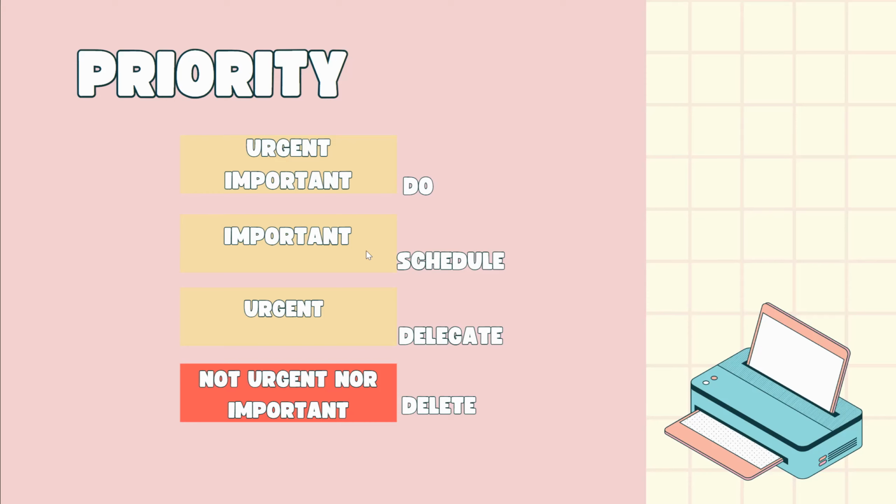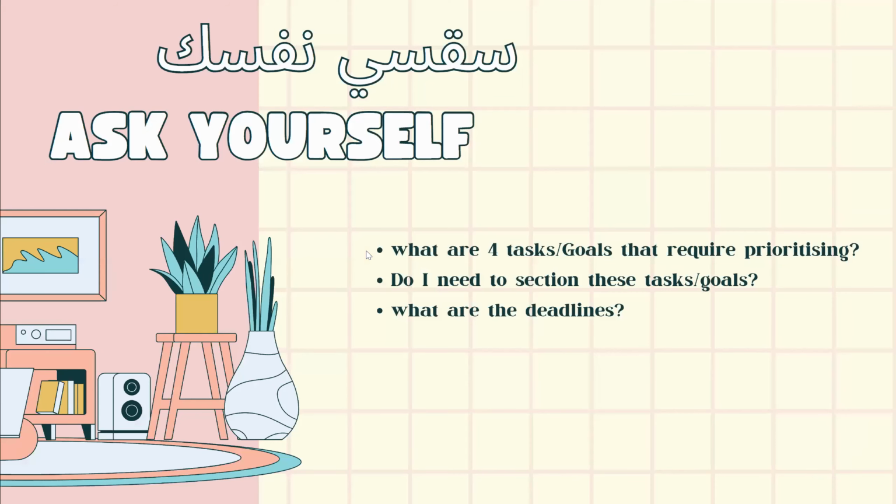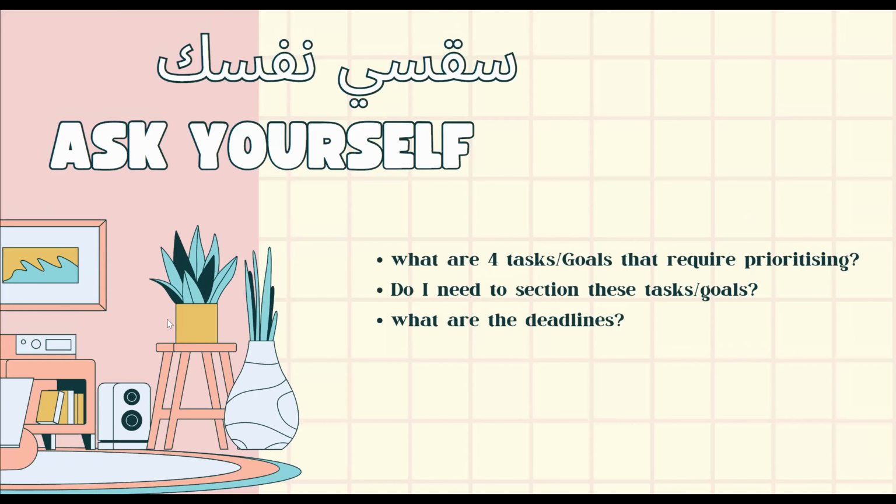For example, one thing I face when it comes to studying is that I never am able to keep up with the deadlines that are constantly changing. So for example, we have an assignment that's due at the end of the semester.